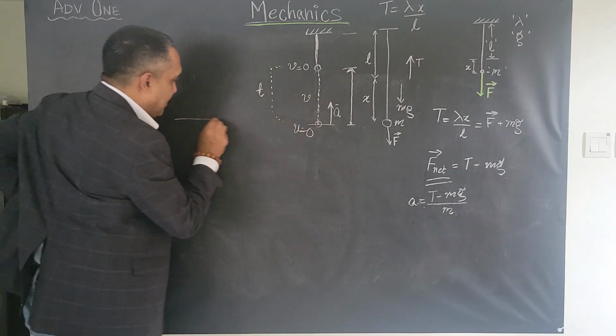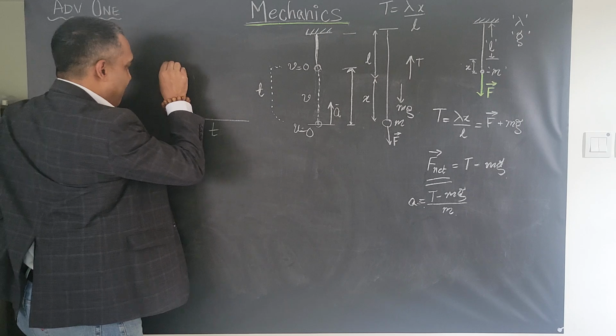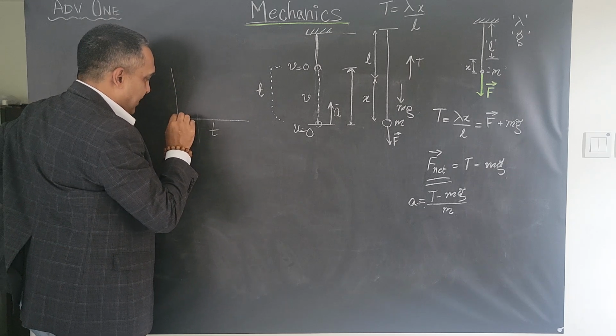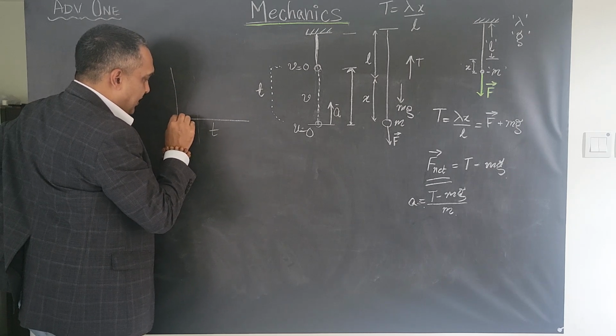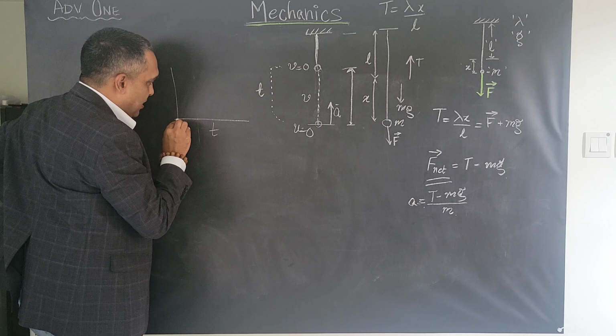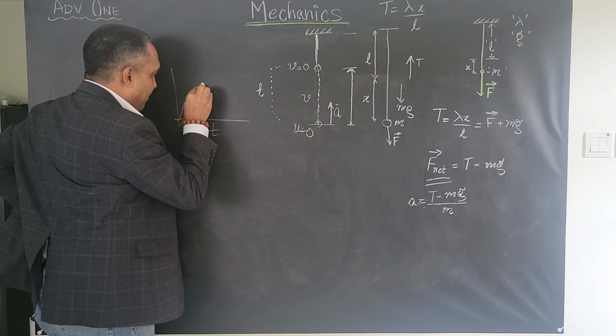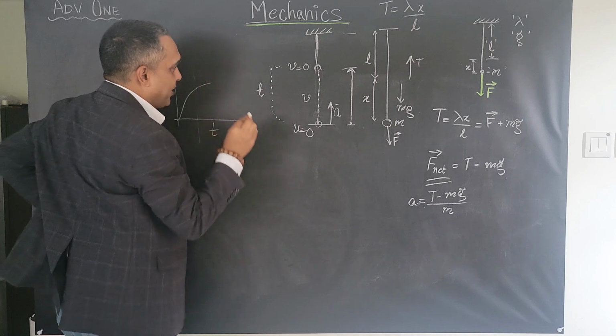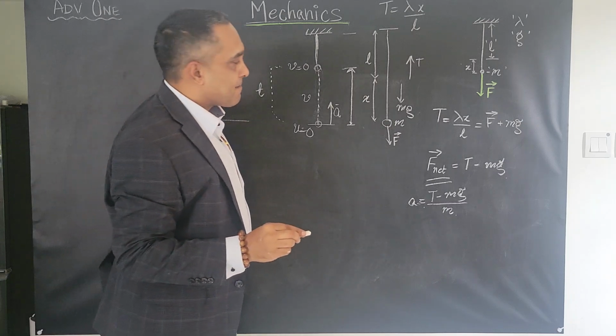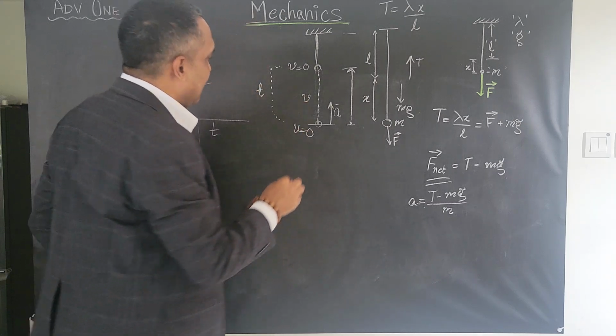And if I was going to do this with the time here and velocity here, what I'd see is that instantaneously there is acceleration. It drives the velocity up. It peaks out at a point. Velocity is maximum at a particular point.